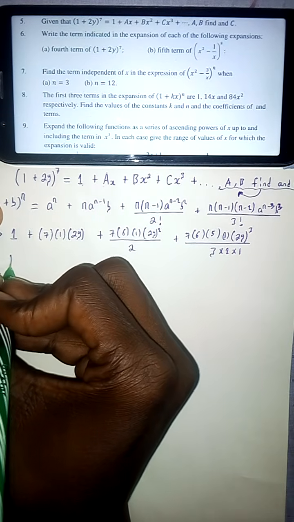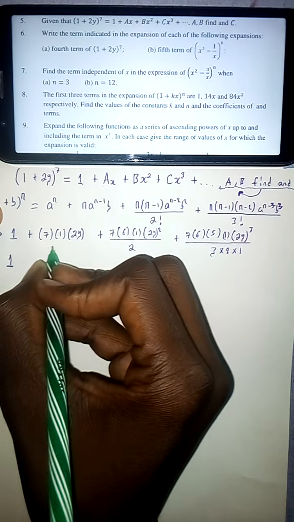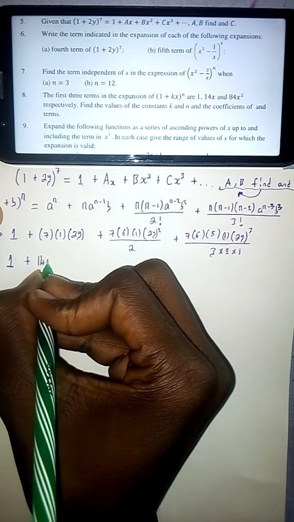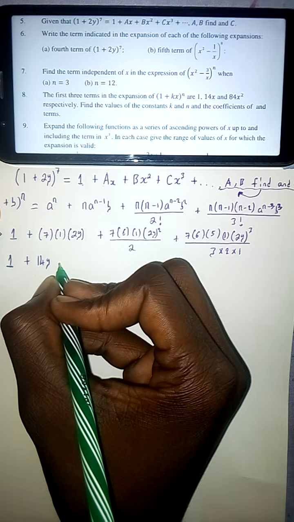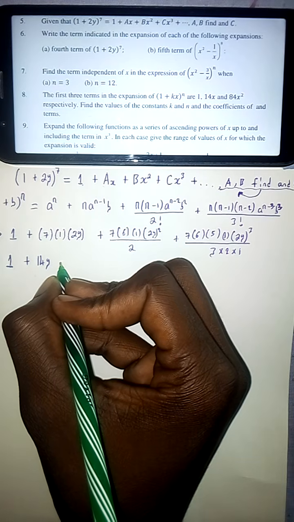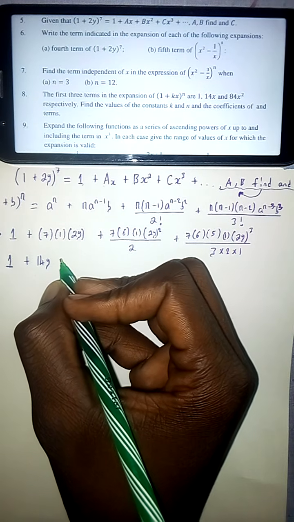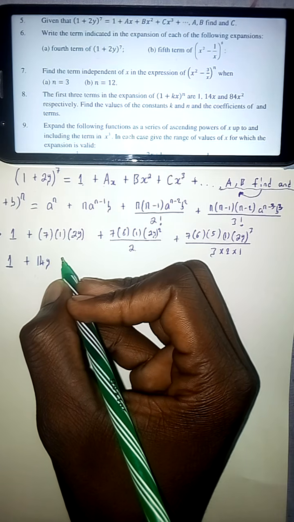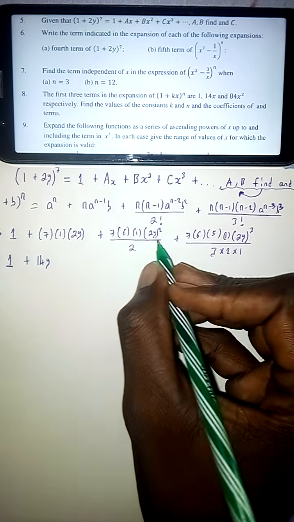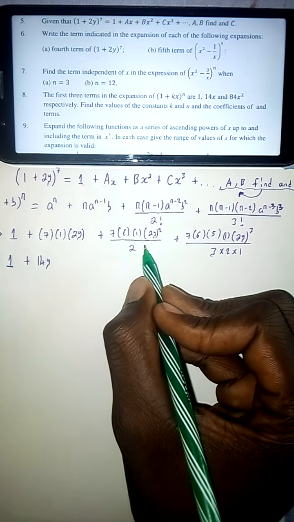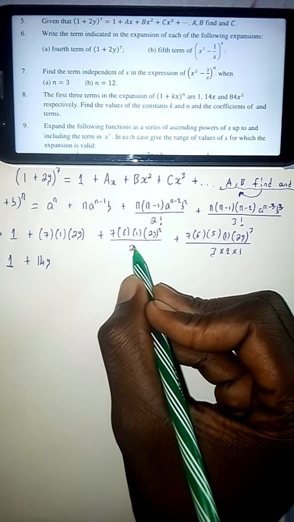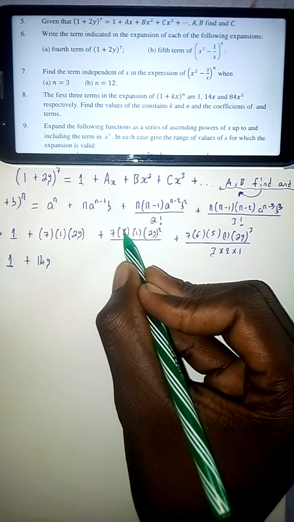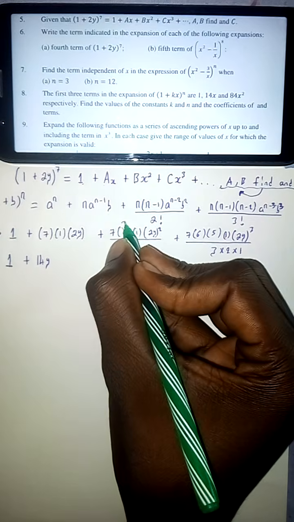So here we're going to have 1. When we multiply here, I'm getting 14. I don't know what you guys are getting, but this is what I'm getting. Then for this part, I want to get rid of this, so here I will remain with 3.